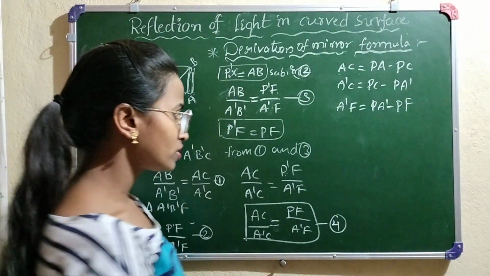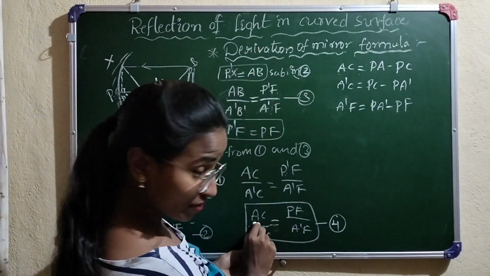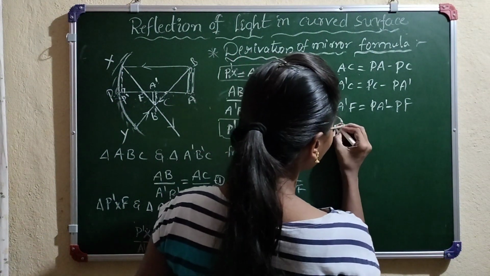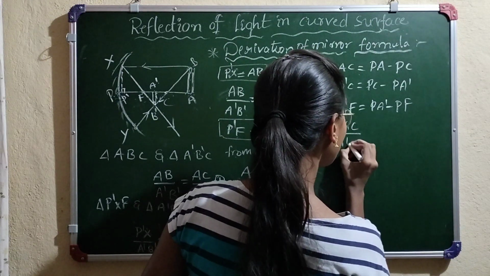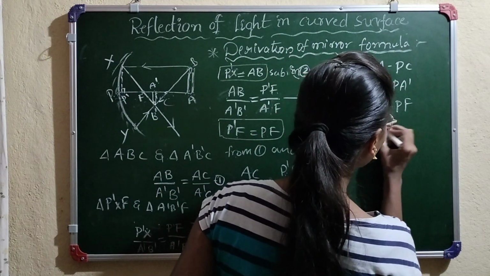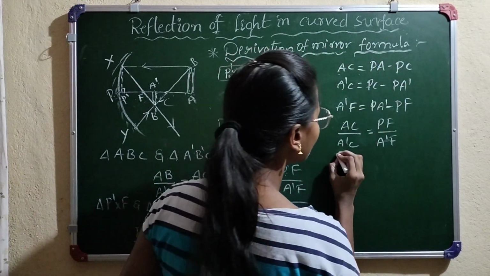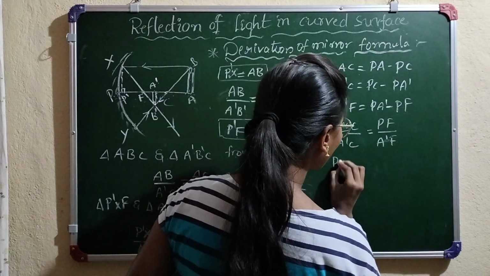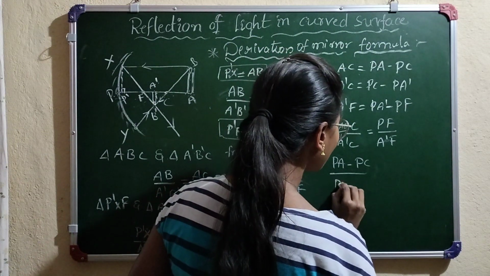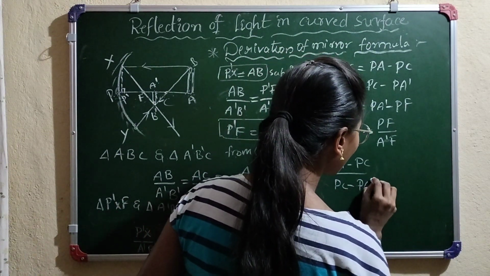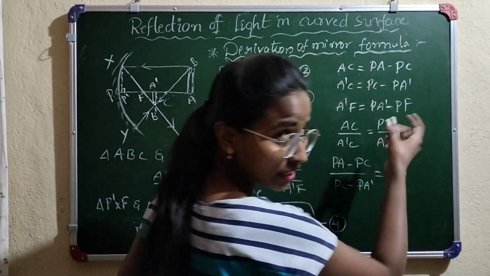Now we'll see, in this equation 4, wherever AC is there. I am writing once again AC by A dash C is equal to PF by A dash F. Now AC is equal to PA minus PC, A dash C is equal to PC minus PA dash, and PF is simply the focal length, so I write it as it is.